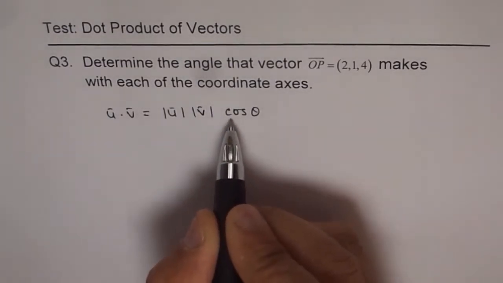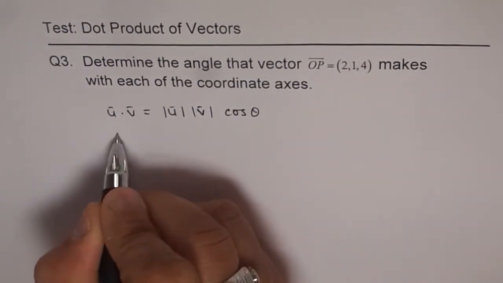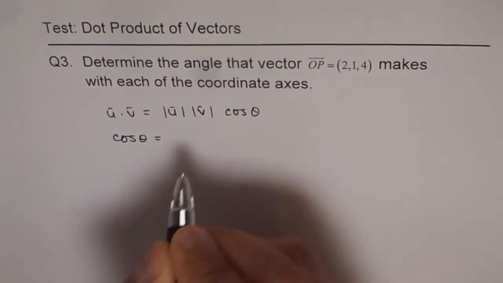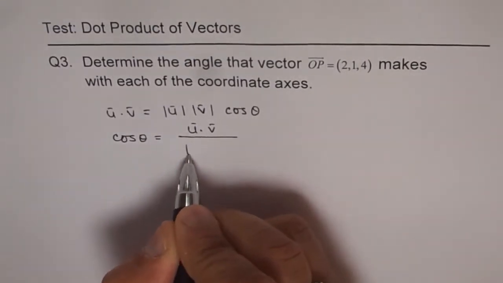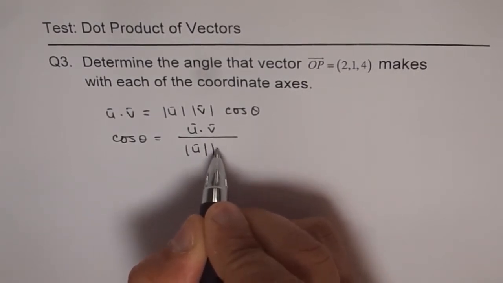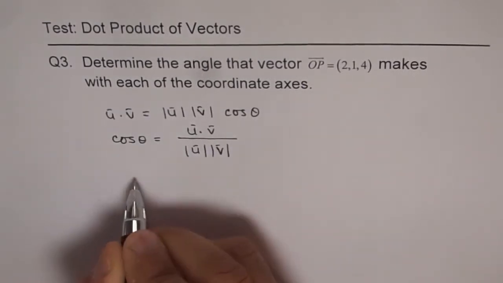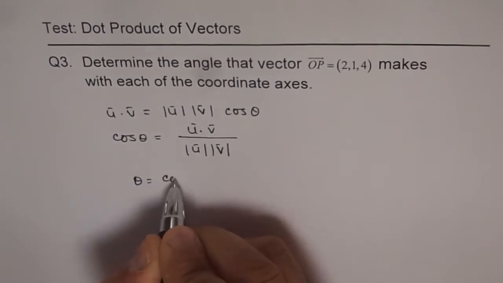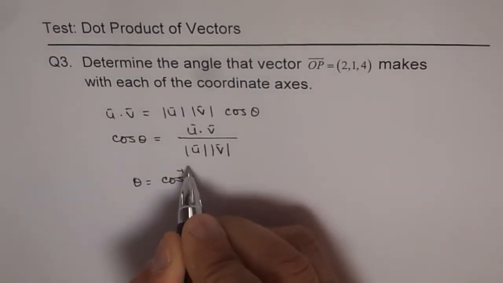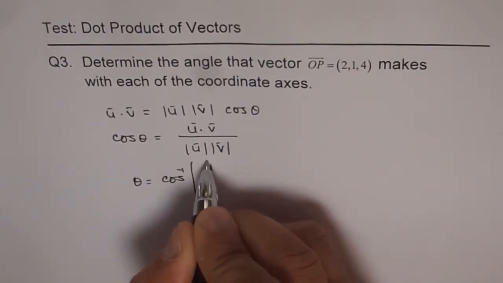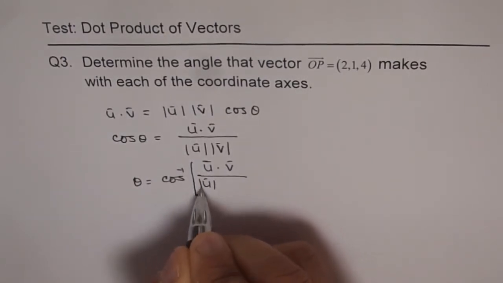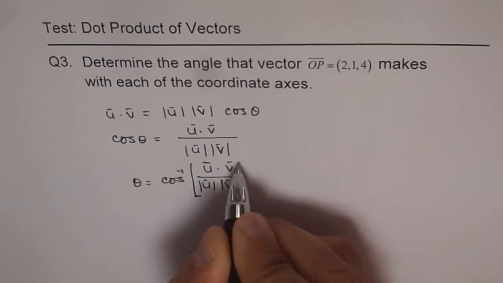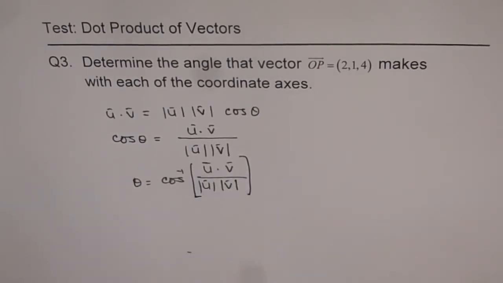From here we can always find the angle: cos theta is equal to the dot product of the vectors divided by the product of their magnitudes, right? And of course theta will be cos inverse of u dot v over the product of the magnitudes of u and v. And that's how you can get your answer.